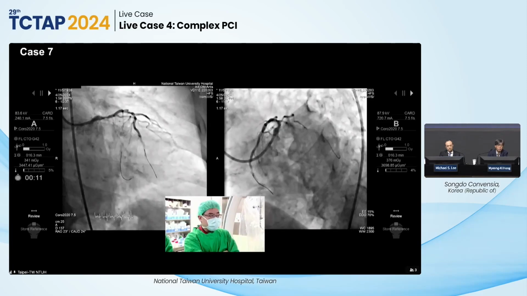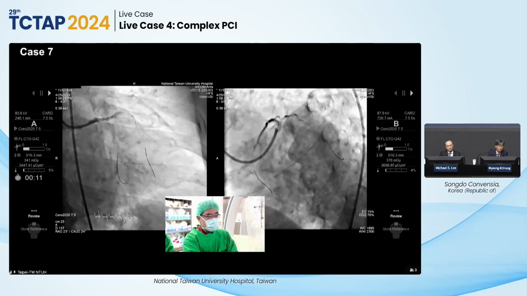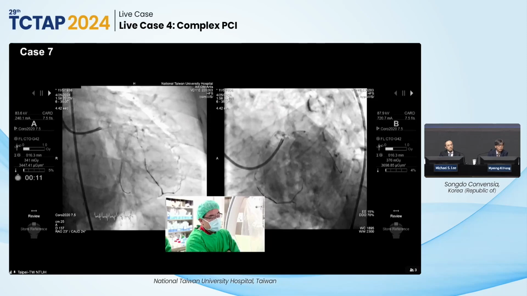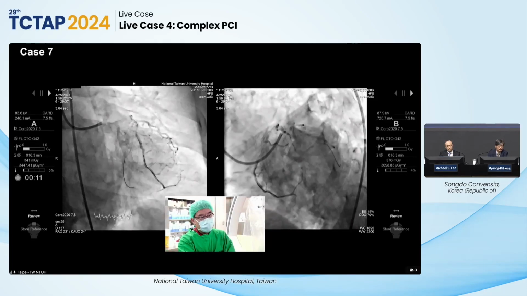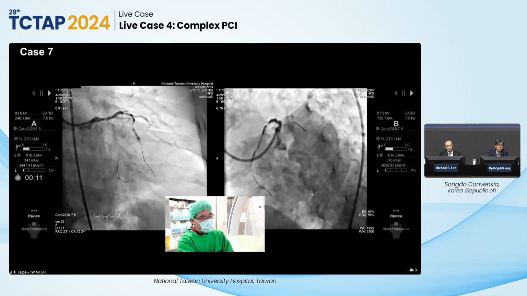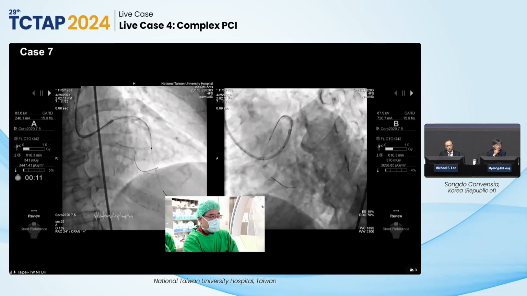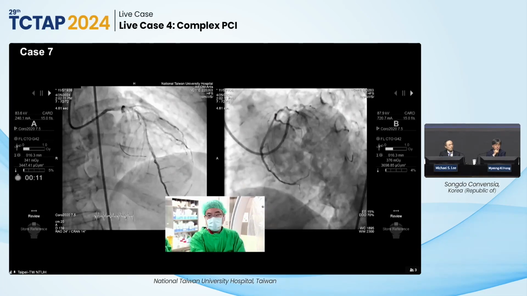If the side branch FFR is normal after treatment, I will just keep the crossover stenting technique without putting in a second stent. In the circumflex, the initial pressure wire reading was 0.46, as expected. Then we did an OCT run from the mid LAD to the left main. Can we show the OCT?